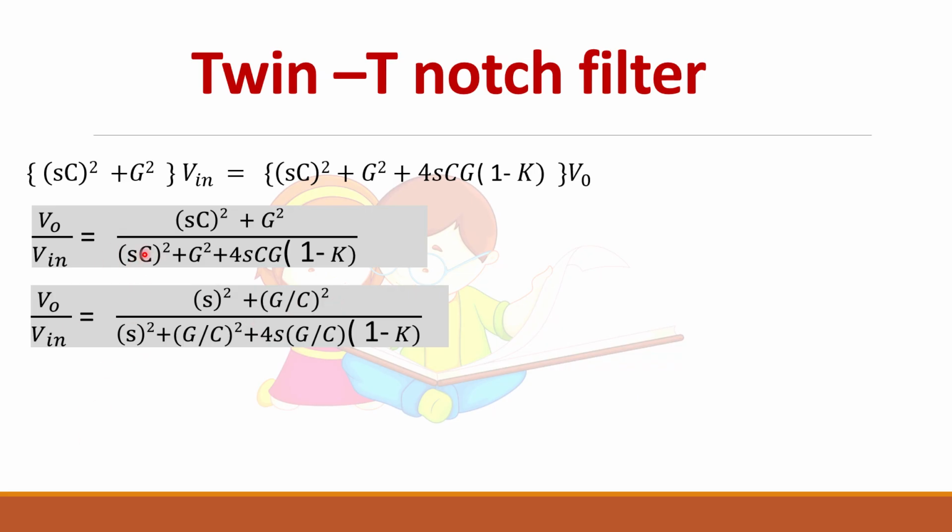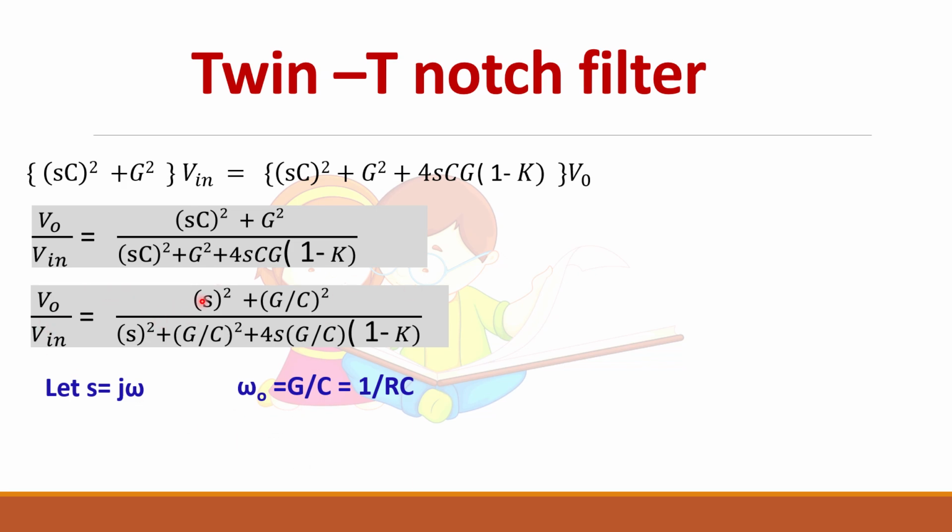Here also C square will come out, so it is G by C the whole square. And here it should be G by C. Already CG is there, and since we have taken C square out, it will become G by C. It will stay. Now let us substitute S equal to J omega and take omega naught equal to G by C. But G is nothing but 1 by R, so omega naught is equal to 1 by RC.